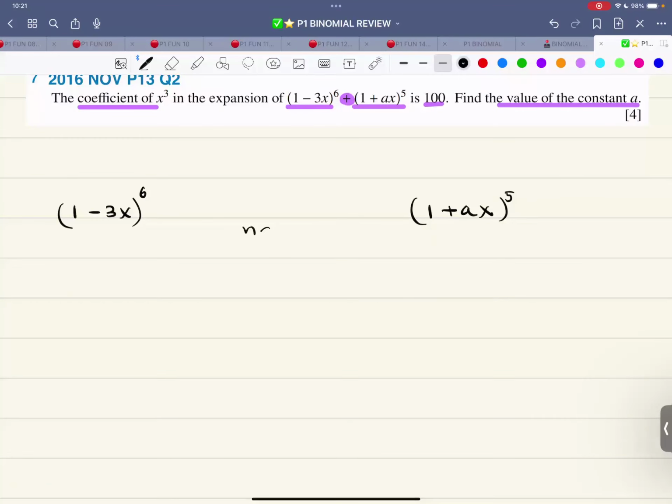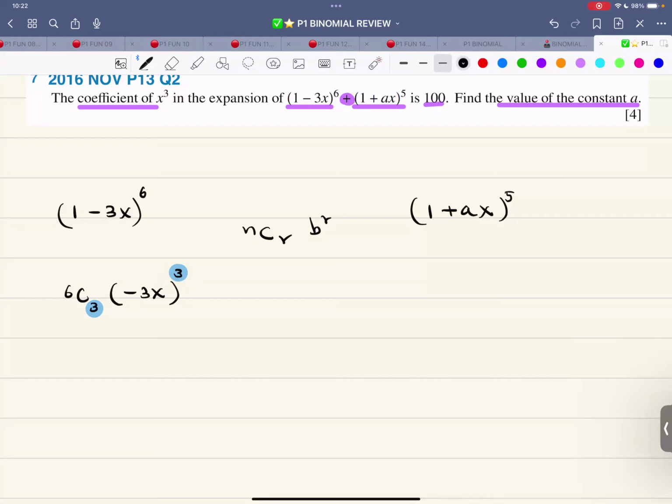That is nCr b raised to power of r. This is 6C something, negative 3x raised to power of something. What is that something? That something is 3. Why? Because I need an overall power of 3. So 1 into 3 is 3.